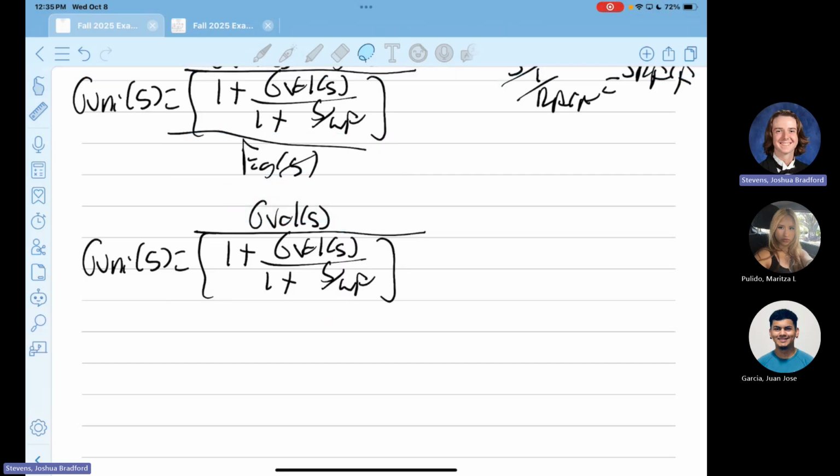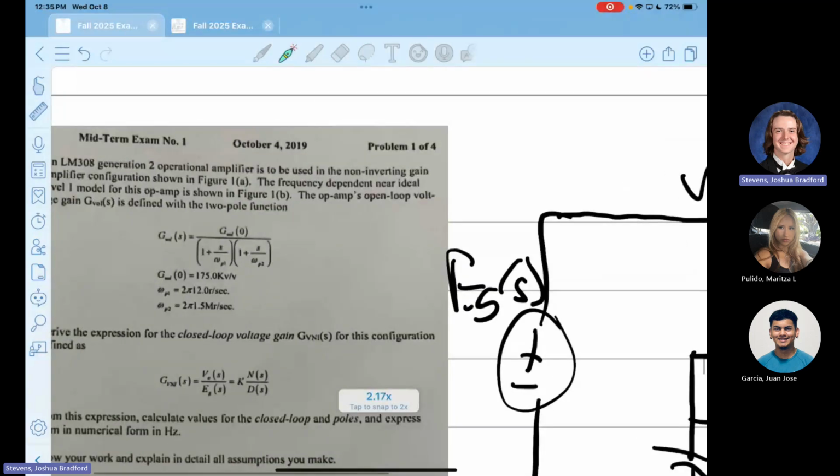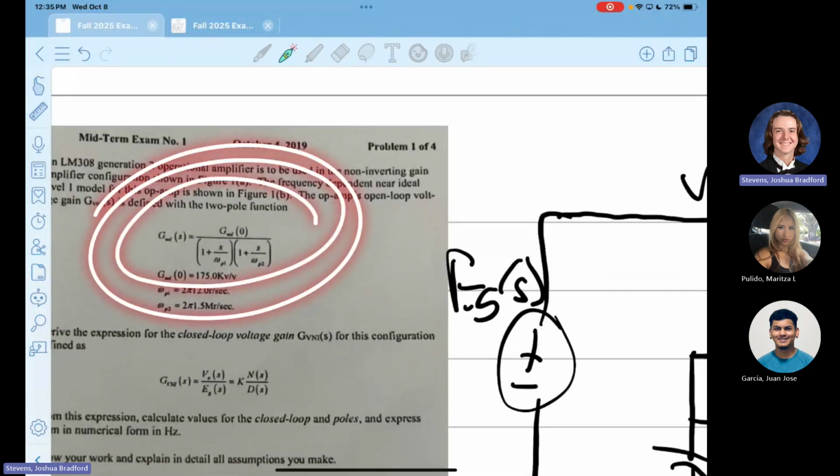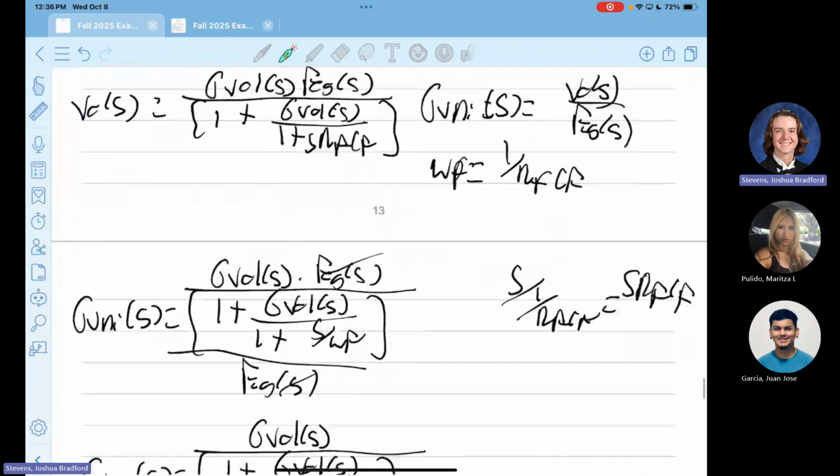So we have an equation for our closed loop voltage gain. In that, we have a variable that is our open loop voltage gain. Well, do we have something that equates to our open loop voltage gain? Yes, we do. It's right here. So then, just plug it in.